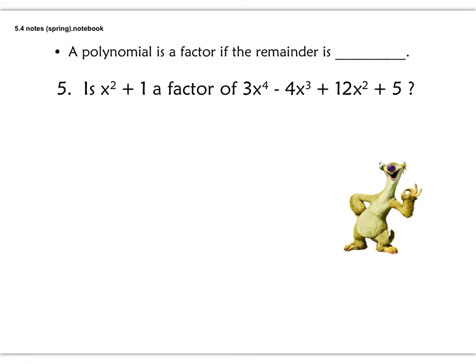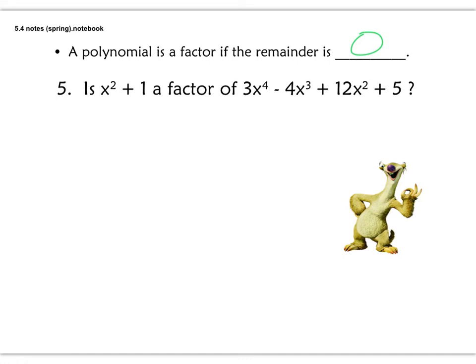All right, so here it is in words for you. A polynomial is a factor if the remainder is 0. I've been talking about it all the way through, but there it is. So is x squared plus 1 a factor of 3x to the 4th minus 4x cubed plus 12x squared plus 5? Is it a factor or not?